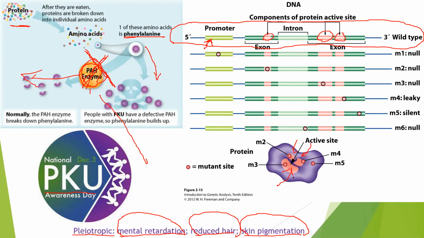As we know, the function of an enzyme depends on its shape. Those pink areas are the most critical regions that determine the shape of the enzyme. If the shape is right, it can function right, and it can do the right thing in the cell. However, if anything changes in this pink region, it will change the shape of the enzyme, and then this enzyme cannot do the right thing in the cell.